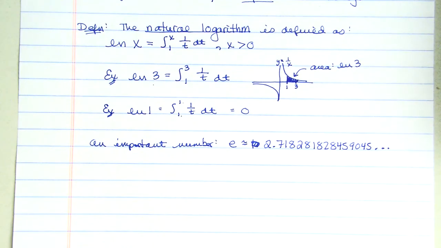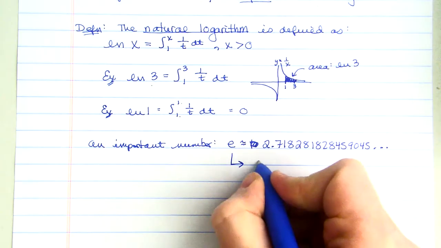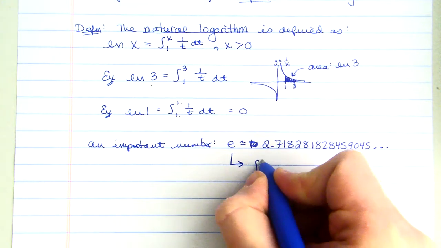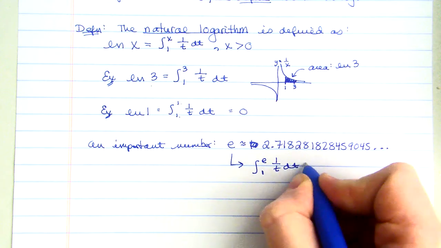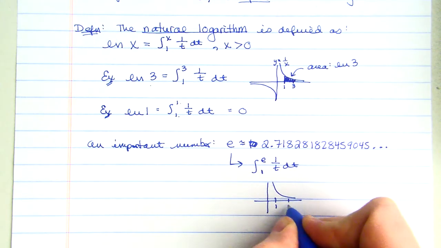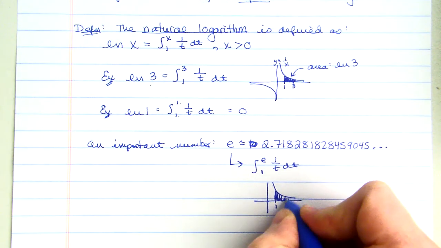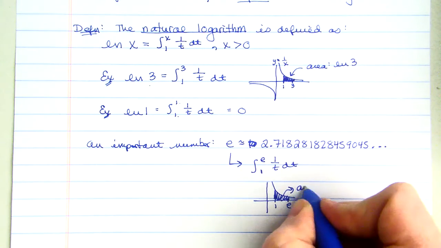We'll talk Friday. But why this number is so important, this is the magic number, such that if you integrate from 1 to e of 1 over t dt, this is that special number such that this area is exactly 1.